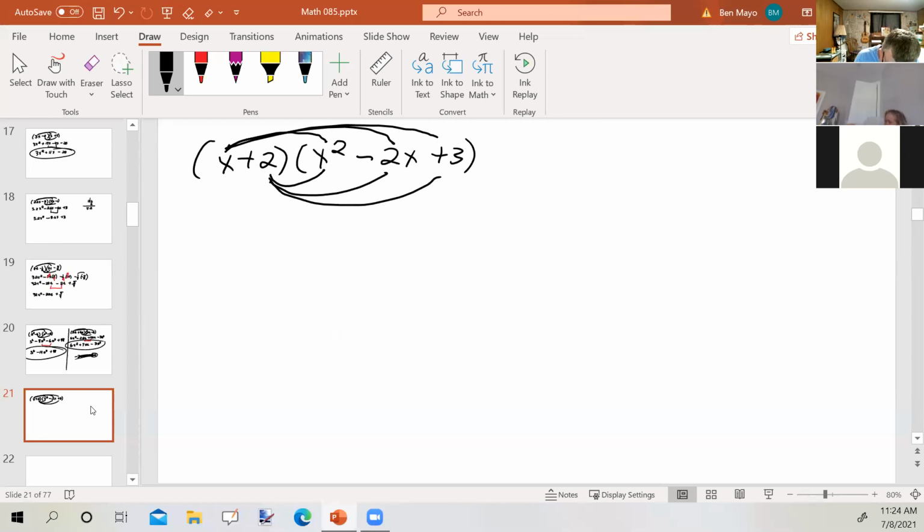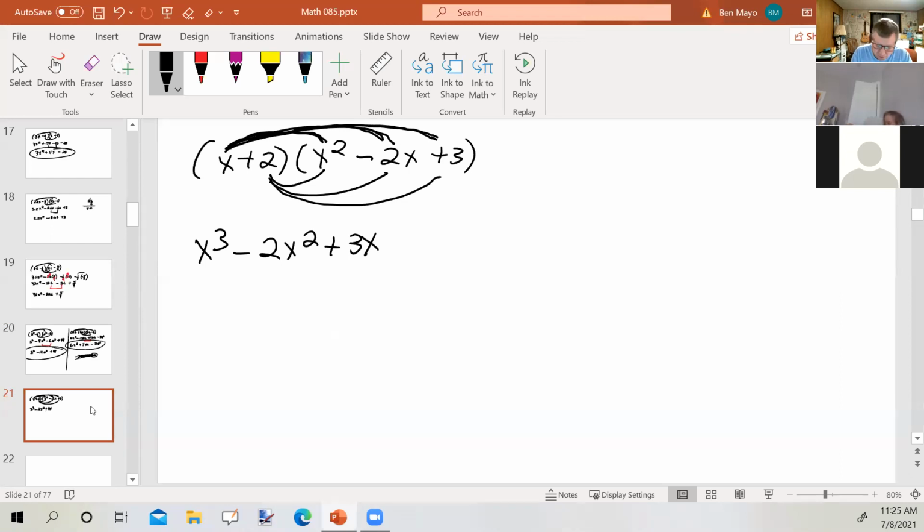Okay, so our first one, x times x squared is x cubed. X times minus 2x would be minus 2x squared. And then x times plus 3 would be plus 3x. So there's our first 3 products.